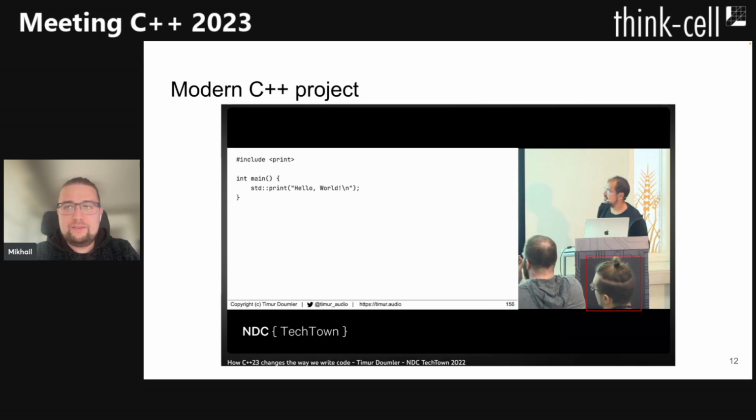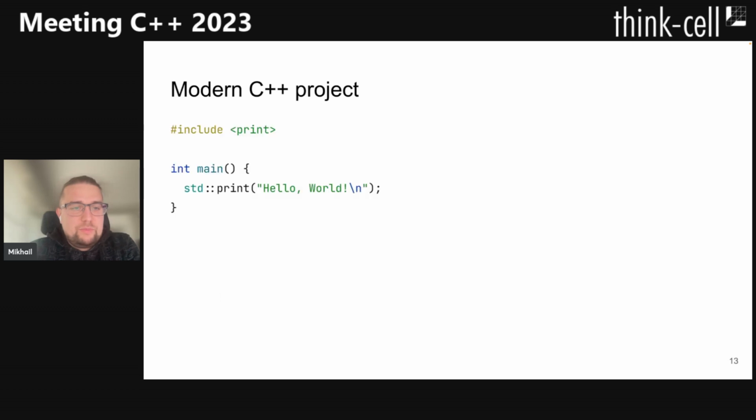Just for fun, you see in the red rectangle, it's actually me. I didn't do it on purpose, but accidentally I ended up in the corner. So let's try to replicate that example and go even a little bit further. Instead of print, we can use import std, because modules are also part of C++ now. So let's make it even more modern.